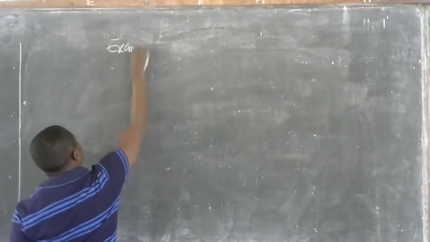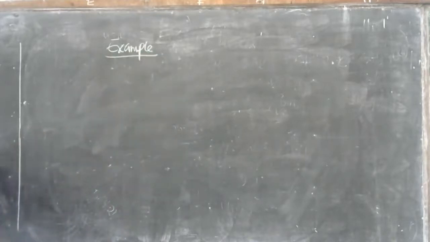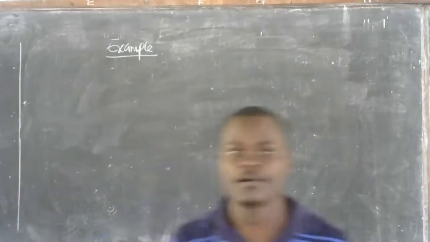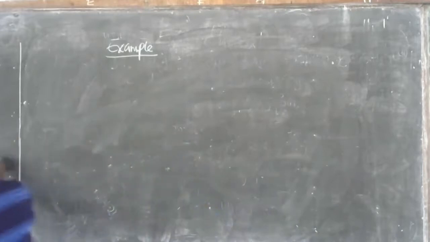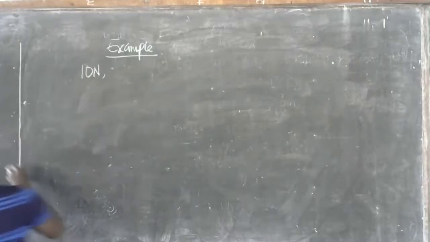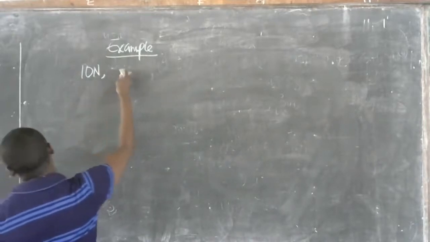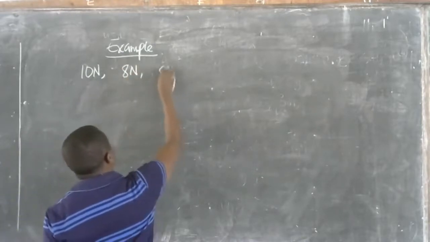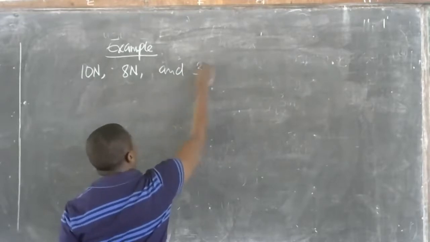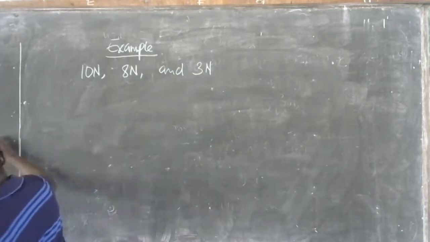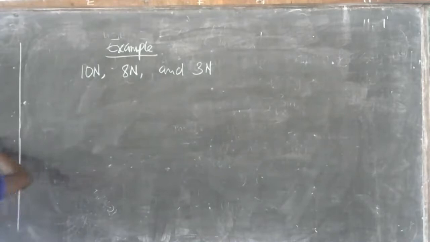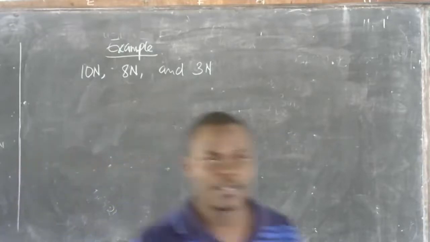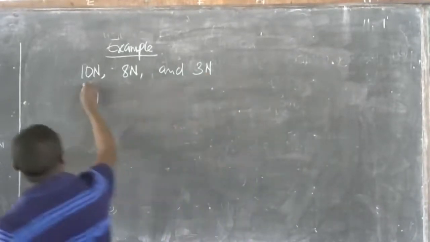Example is a short one. Example, you write: forces of magnitude 10 newtons, 8 newtons, and 3 newtons act along sides AB.